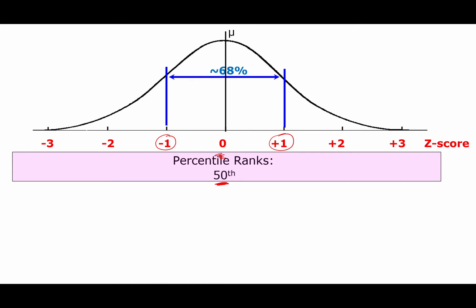So I have my 50th percentile. Now, if I have that 68%, it's symmetric, so I can split this in half. So if I want to go down to the left, 50% minus 34 is going to give me 16. And then 50 plus 34 gives me that 84.